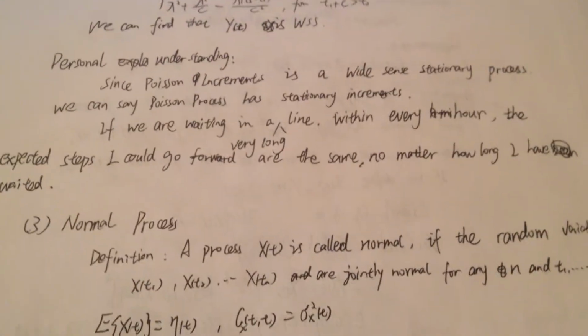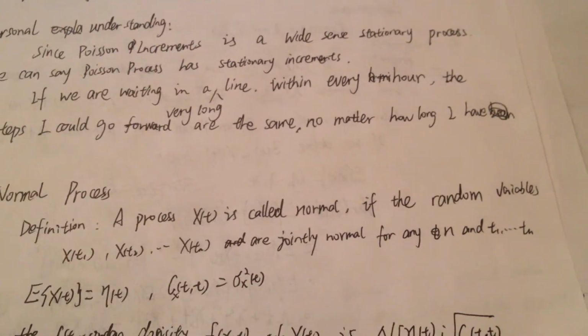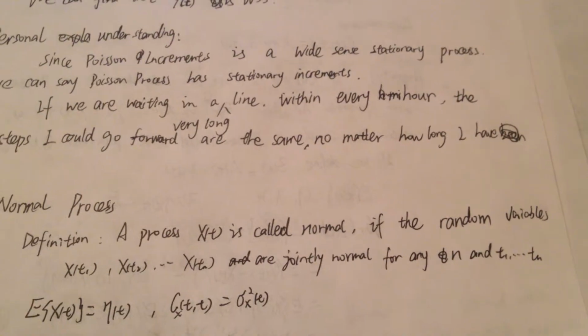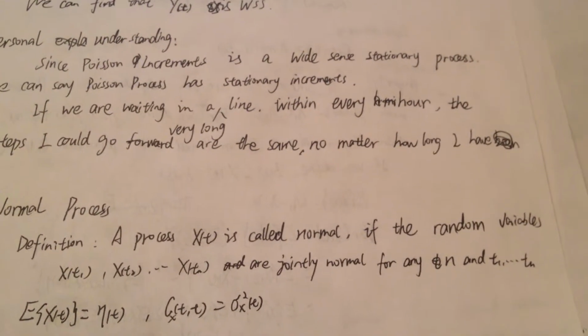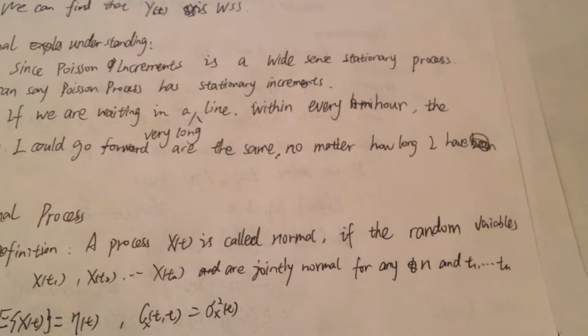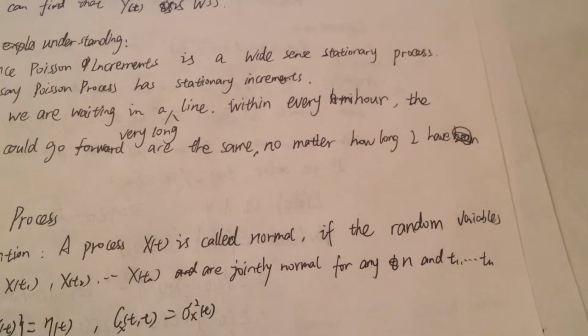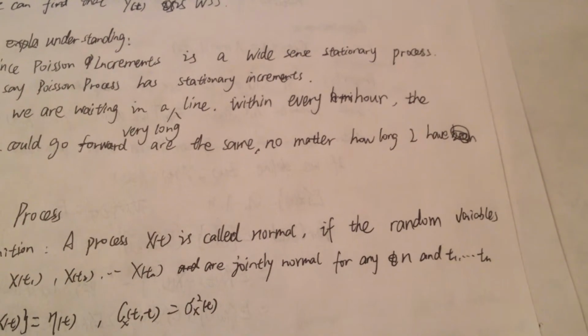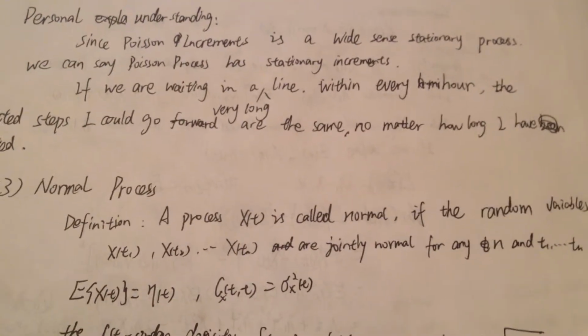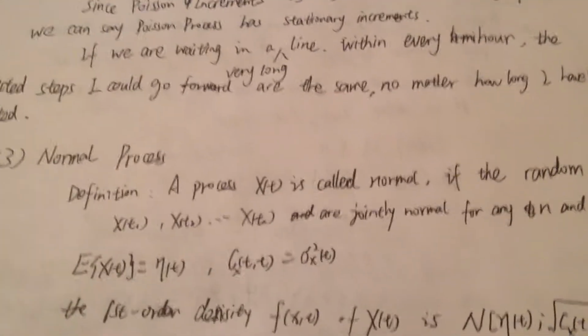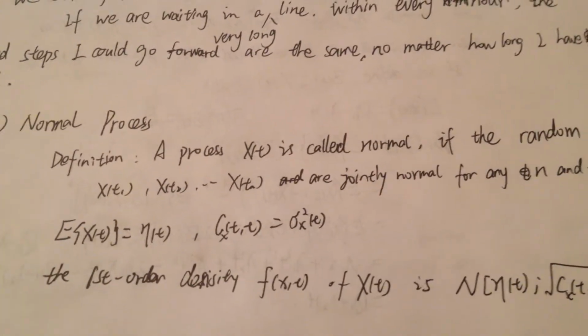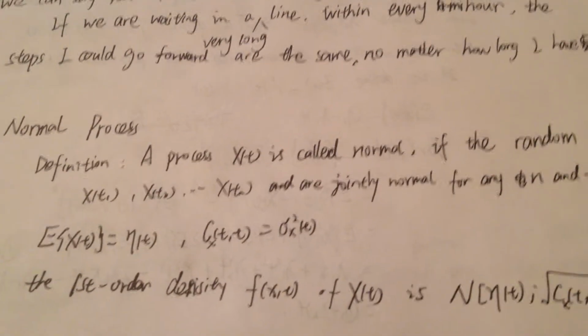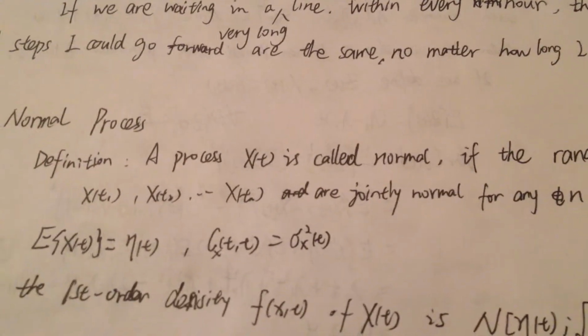And the third one is the normal process. The definition: a process X(t) is called normal if the random variables X(t1), X(t2), ..., X(tn) are jointly normal for any n and any t1, t2, ..., tn. The expected value of X(t) is a function of t, and the autocovariance gives variance sigma(t) squared.